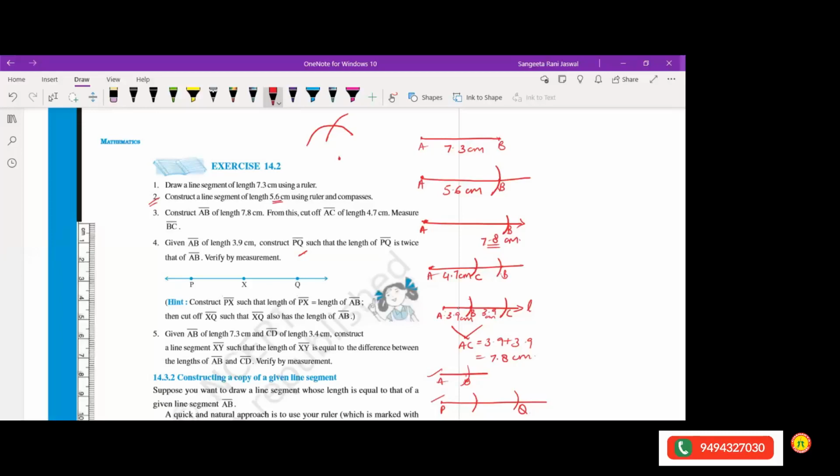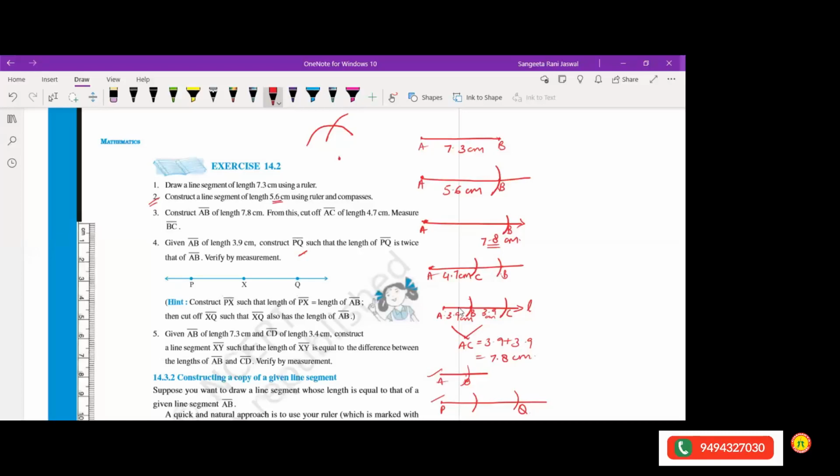Now take this compass measurement, the 3.4 measurement, and on the 7.3 centimeter line, just make an arc.